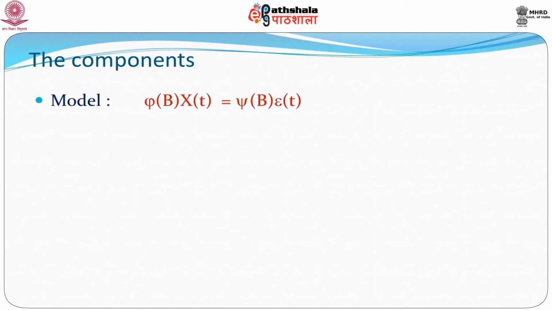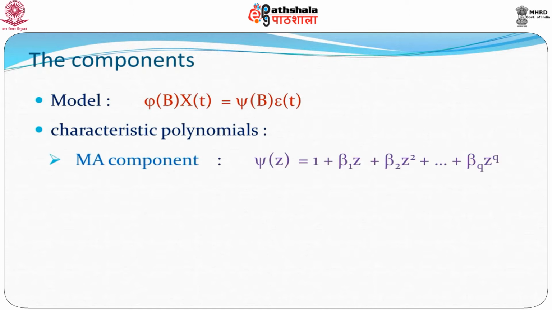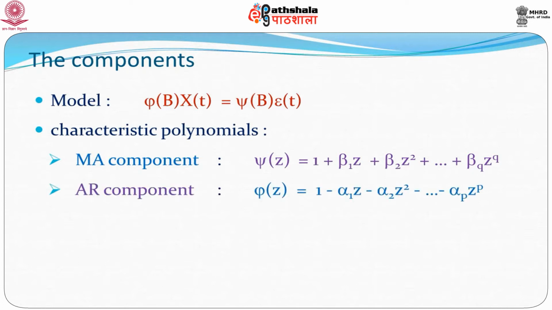Now, we can write the model in short form as phi(z) x_t is equal to psi(z) epsilon_t. Remember that phi(z) is a characteristic polynomial and similarly is psi(z). For the MA component, psi(z) is equal to 1 plus beta_1 z plus beta_2 z squared etc. up to beta_q z^q, which really means that it is the characteristic polynomial which is similar to the MA model that we had.